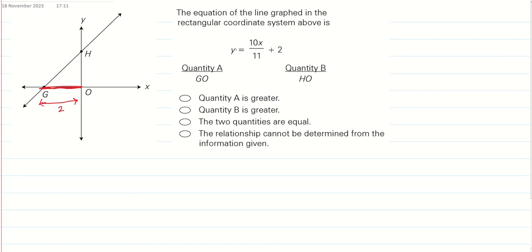Y equal to 0, correct? So minus 2, minus 2.2. How much will we get? Minus 2.2. What about the other one? X-intercept. Sorry, this is the y-intercept. X equal to 0. That is 2, which is greater.